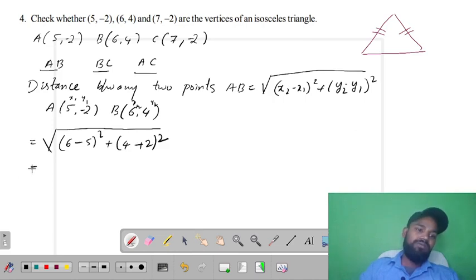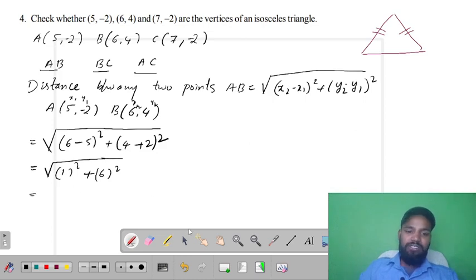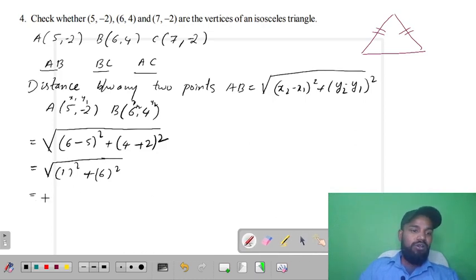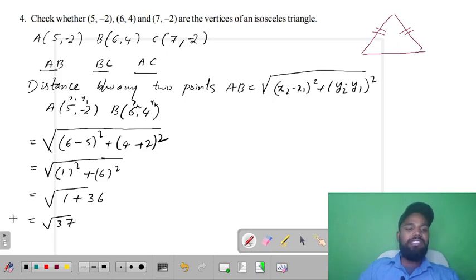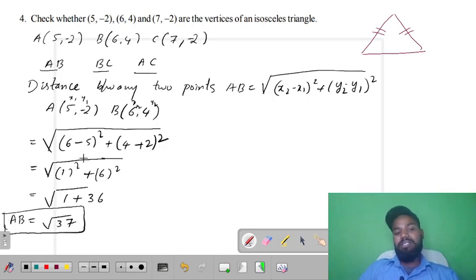That equals under root (6 minus 5) which is 1, plus (4 plus 2) which is 6, squared. Now simplify: 1 square is 1, 6 square is 36. That is under root 37. So the AB distance is under root 37.